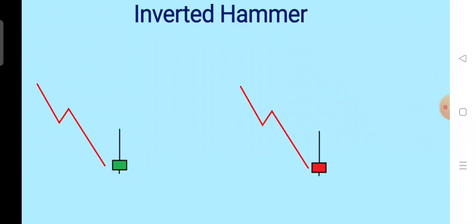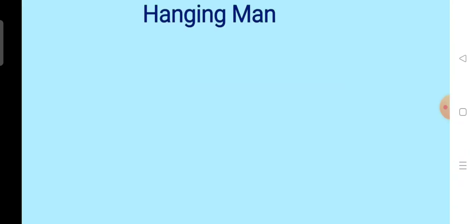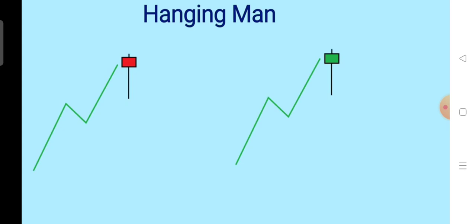And similarly, what we discussed about the hammer, if the inverted hammer has a green body, it is relatively more bullish than a red body inverted hammer. Similarly, in the case of the hanging man, a red body hanging man is relatively more bearish than a green body hanging man.